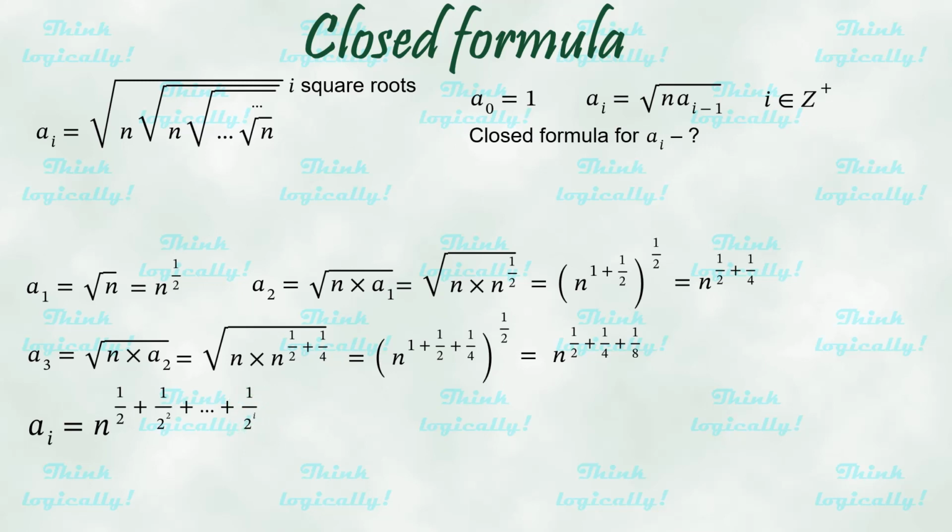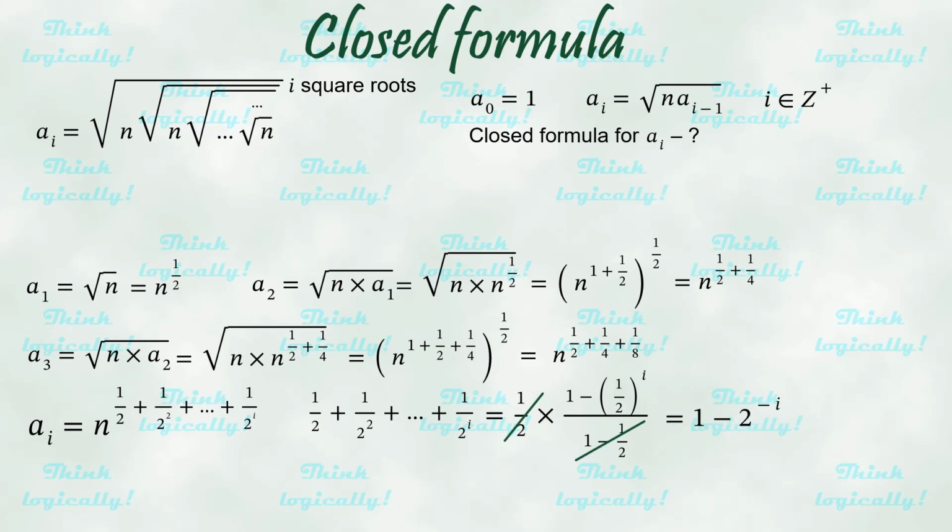So we can evaluate the sum using the well-known formula for the sum of elements of a geometric progression. Given the starting element, the ratio, and the number of elements, the denominator is evaluated to a half, which cancels out with the half for the starting element, so the result is just the numerator, which can be expressed as 1 minus 2 to the power of negative i.